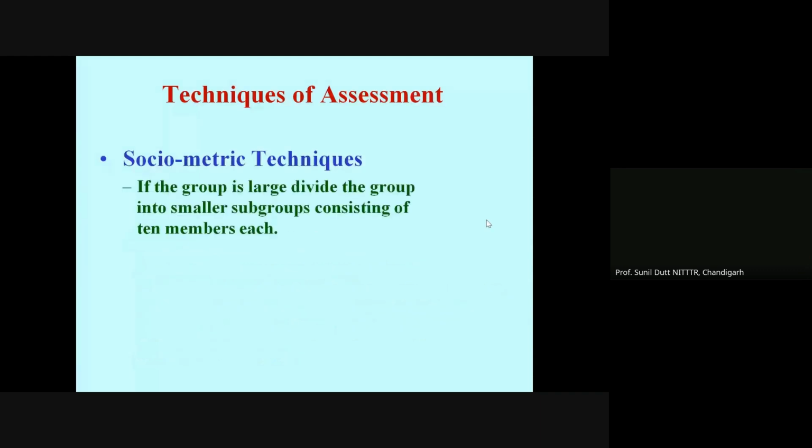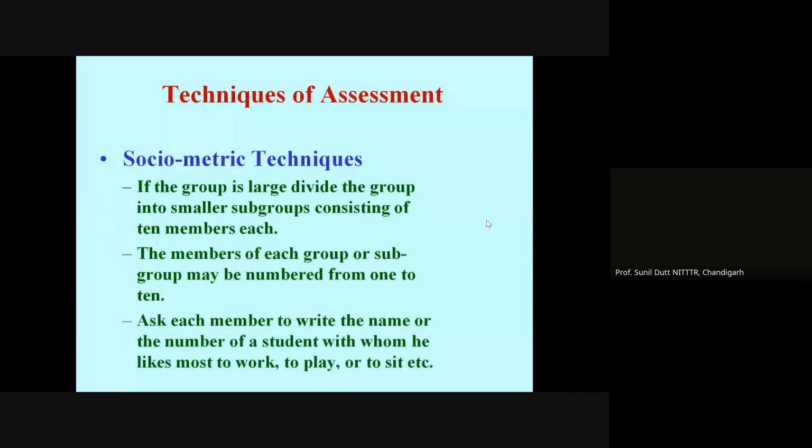And how can it be used? For example, if the group is large, you can divide the group into smaller subgroups consisting of 10 members each. The members of the group may be numbered from 1 to 10, and you can ask each member to write the name or the number of a student with whom they want to work, play, or sit.